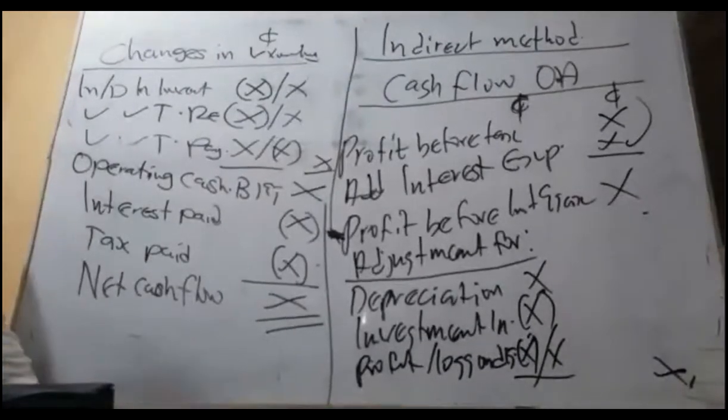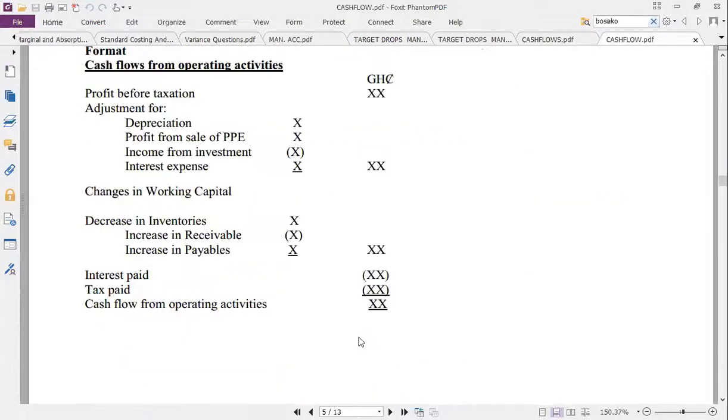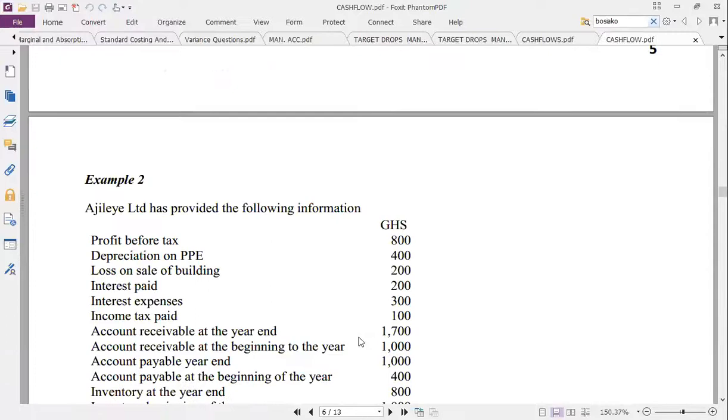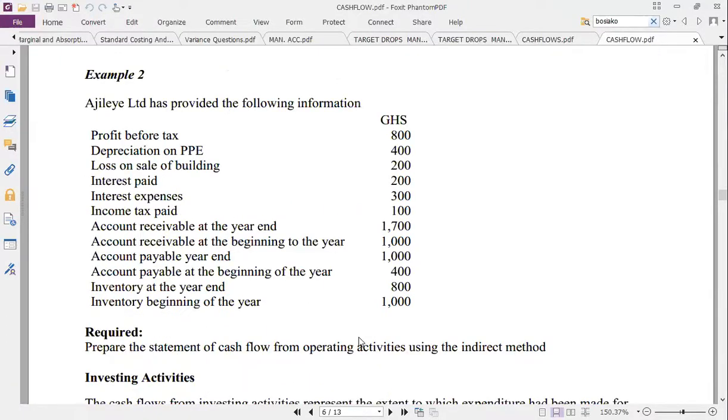So let's see. I said example 3 instead of example 2. Let's go to example 2. The company has provided you with the following information.